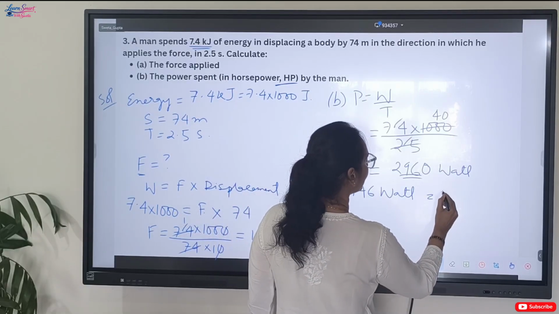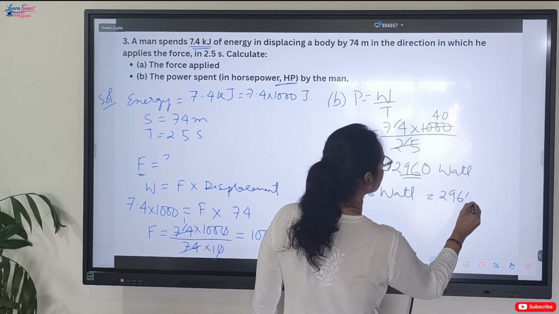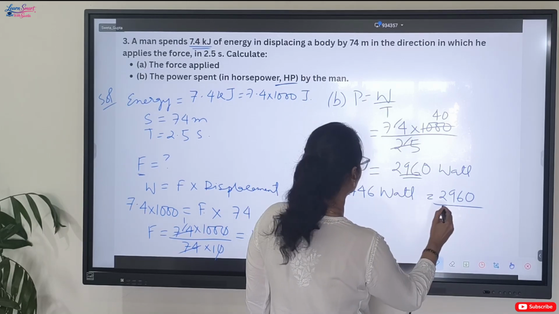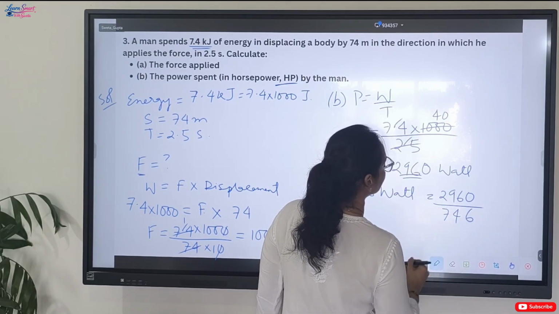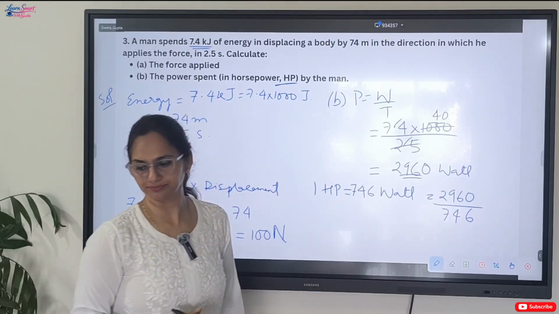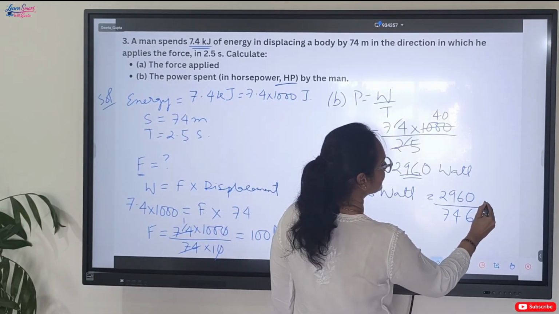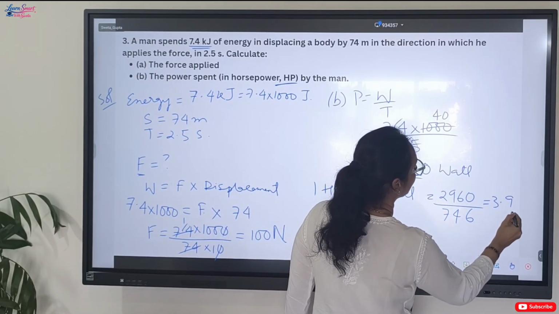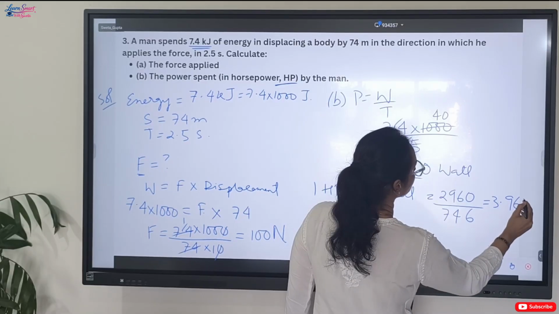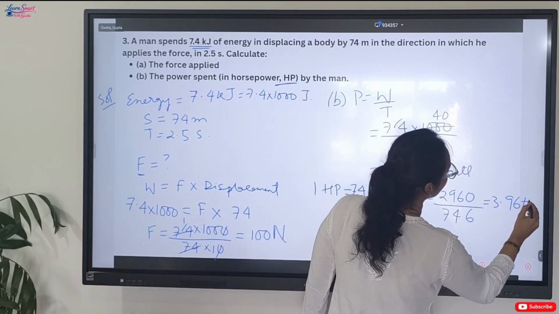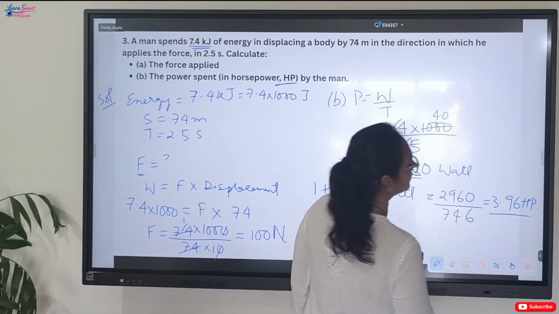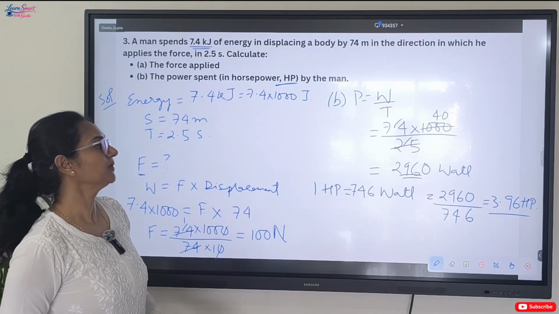We will write 2960 upon 746, and we need to solve it. If we solve this, we will get 3.96 horsepower. So the question was in horsepower, so it will be 3.96 horsepower. That will be our answer.